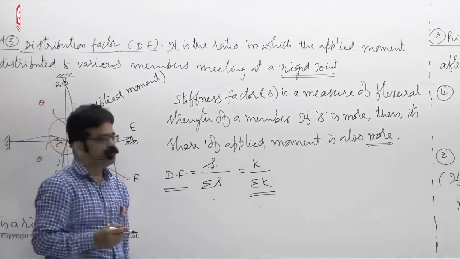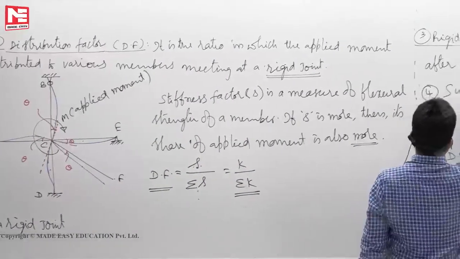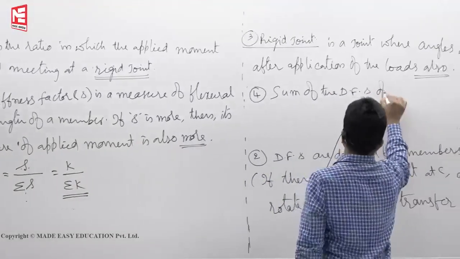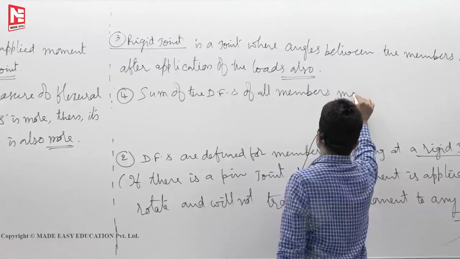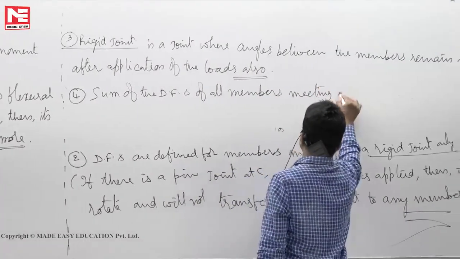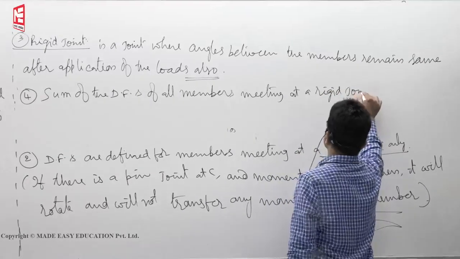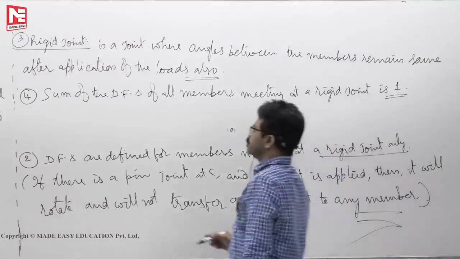That means 1. So, the sum of the distribution factors of all members meeting at a rigid joint is 1. Sum is 1.